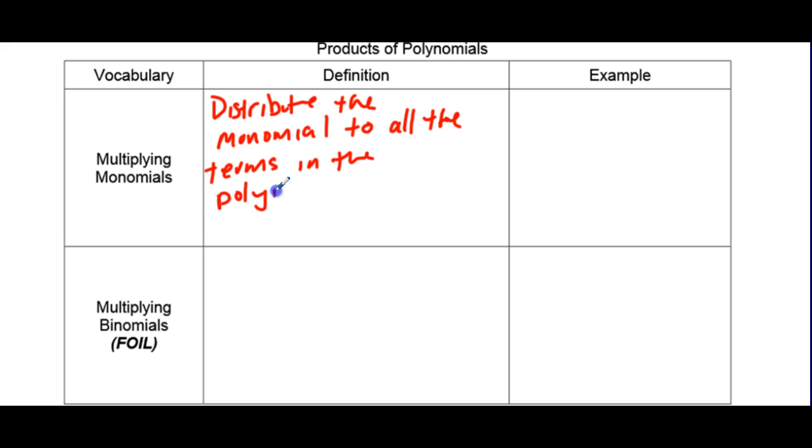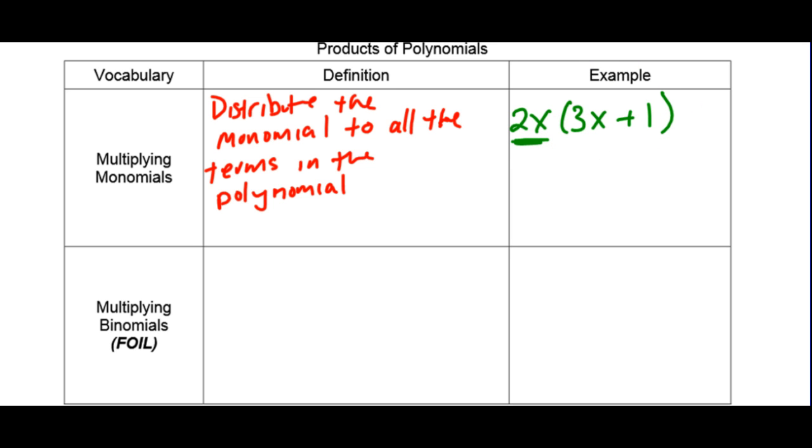And this polynomial that I'm writing right now is going to be in parentheses, most likely. So, for example, we have, I'm going to do this in green, 2x(3x + 1), alright? So we have a monomial outside, we have a polynomial inside the parentheses, alright?